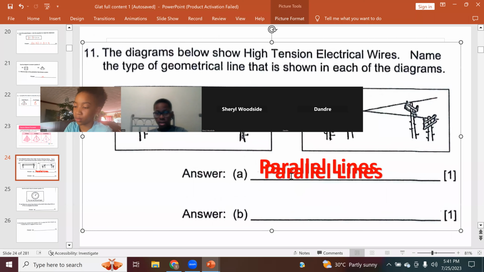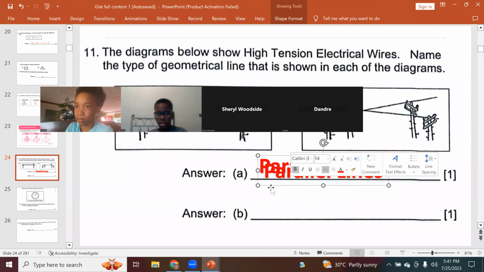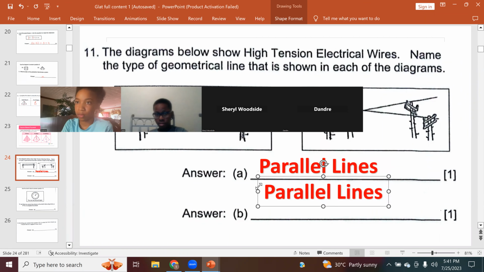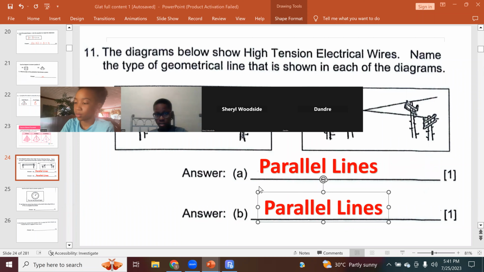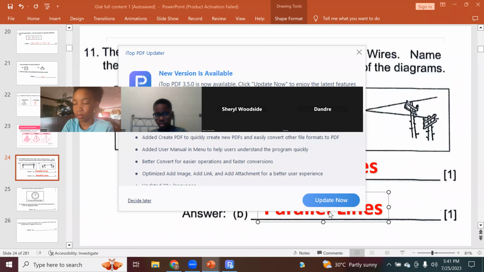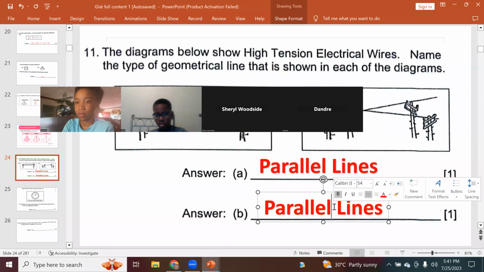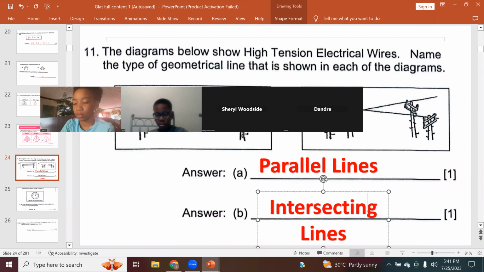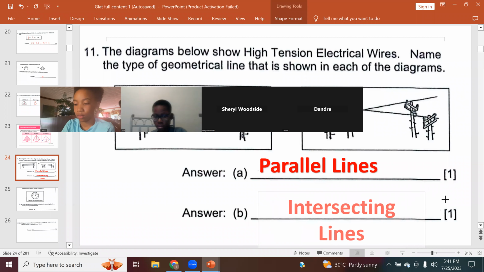Does B intersect? Yes, sir. Good. Since it intersects, we're going to call them intersecting lines. So the first one is parallel lines. The second one is intersecting lines.